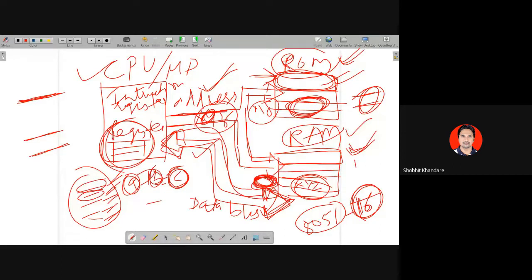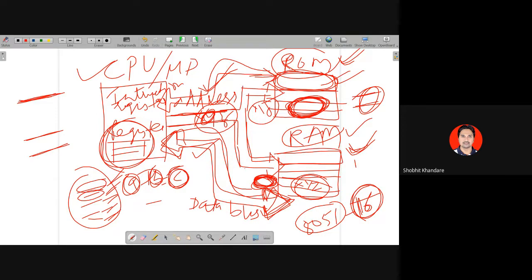When it is identified that the binary code is at location XYZ, it will flow from the data bus towards the CPU. So your instruction binary code will be loaded on the data bus, towards the CPU.